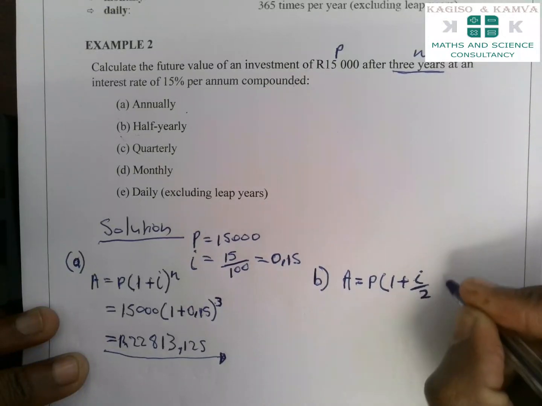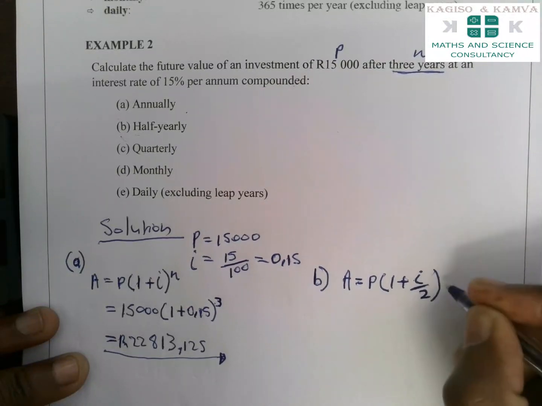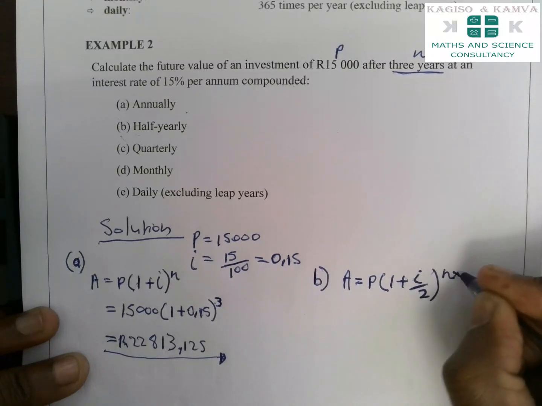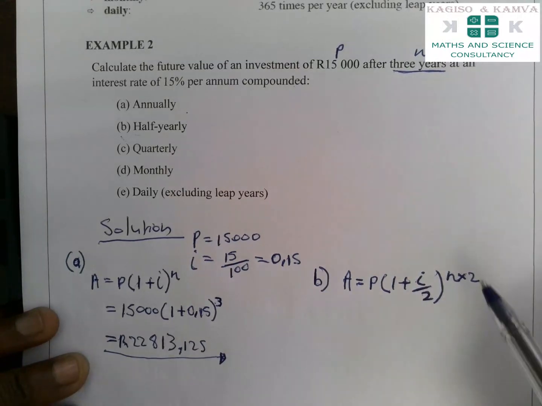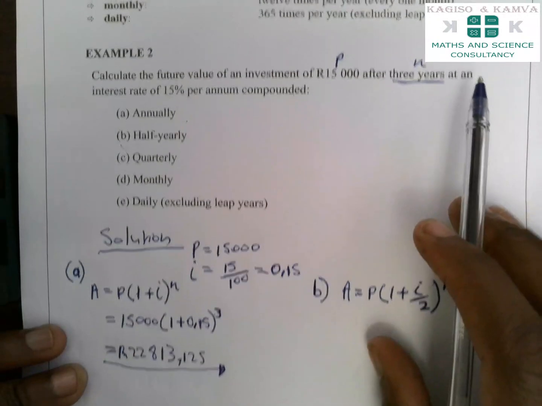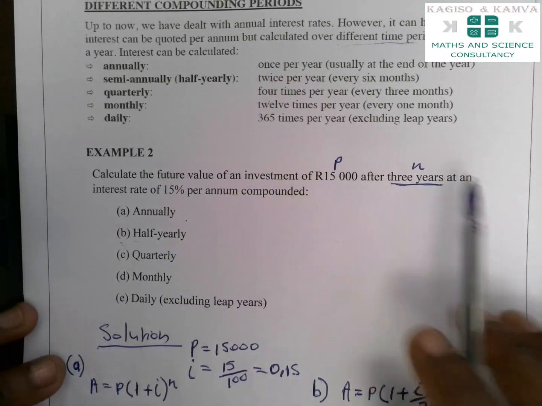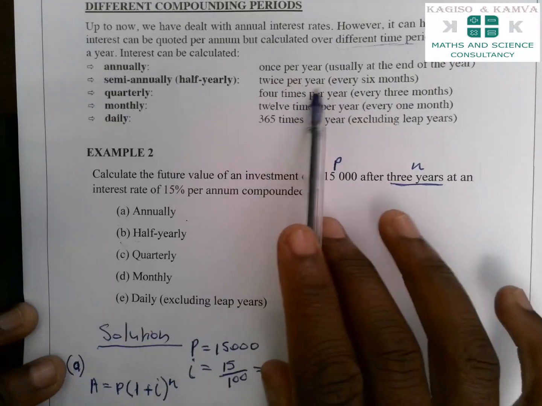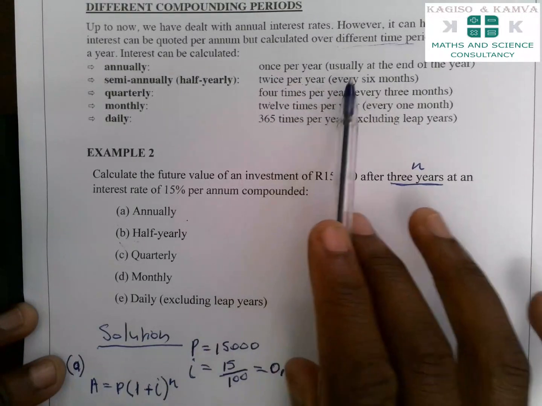Why is this half yearly? Because interest is calculated twice per year, in every 6 months.